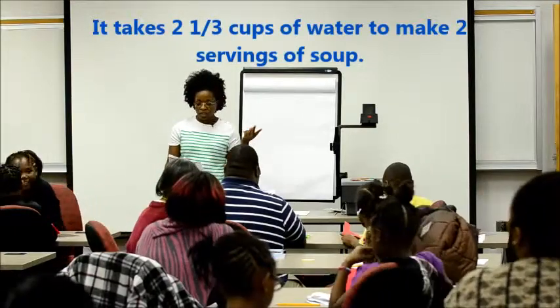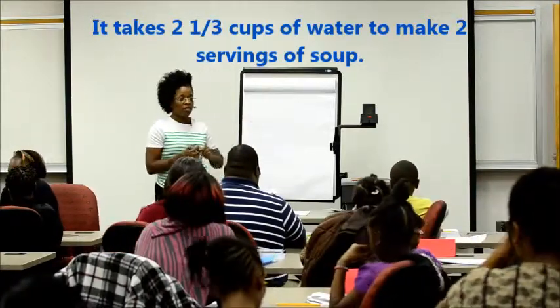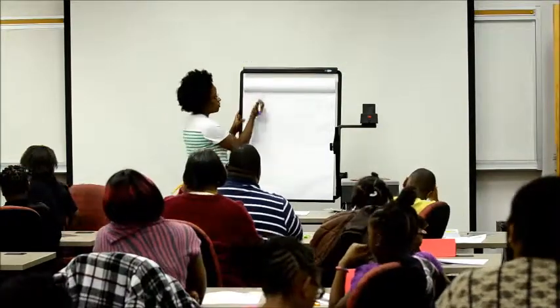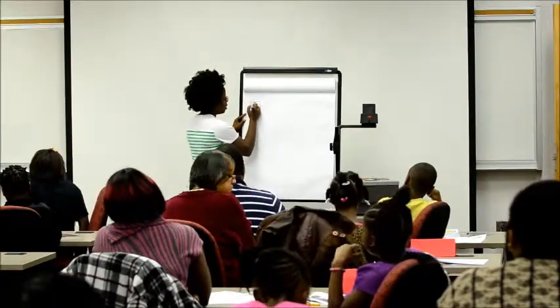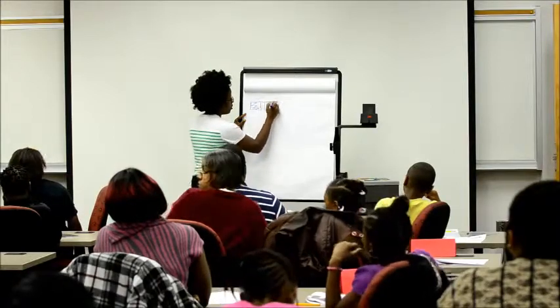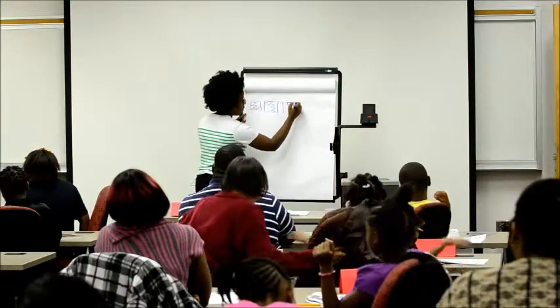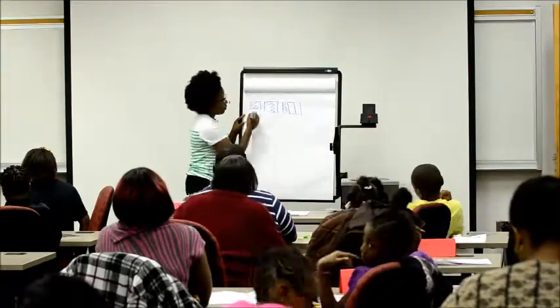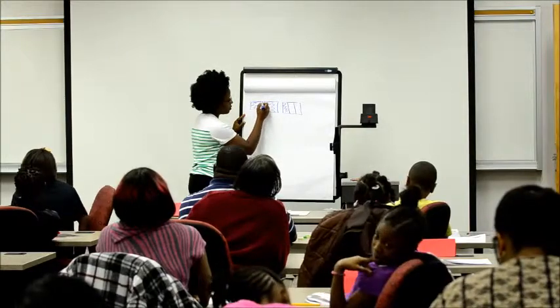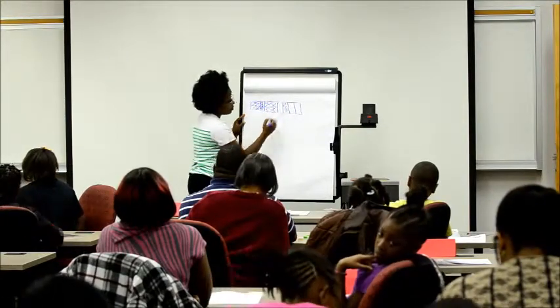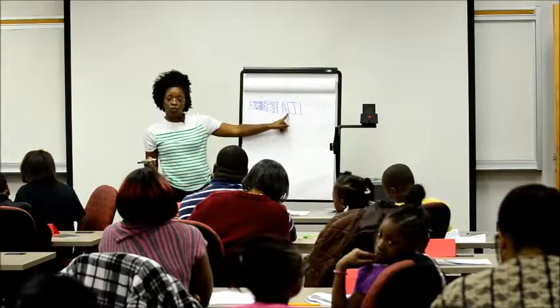Okay, we're going to look at the homework from last week where we're using pattern blocks or pictures. It takes 2 1/3 cups of water to make 2 servings of soup. So if we drew a picture, here's a whole, here's a whole, here's 1/3.